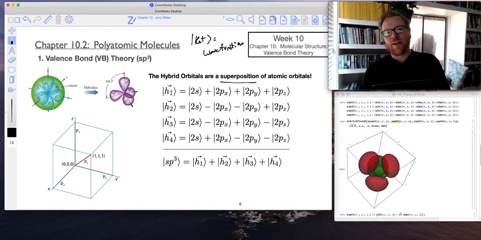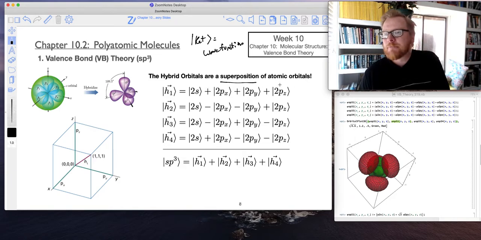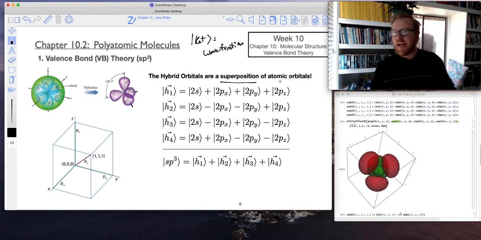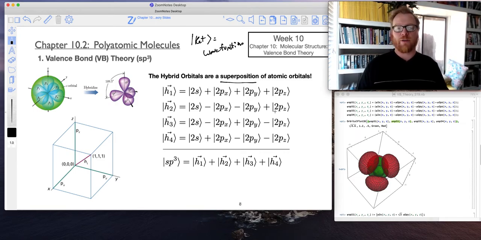So for example, the H1 wave function is itself a superposition of 2s, 2px, 2py, and 2pz. Remember, each one of these would be the full wave function. And later on, I'm going to show you how we dissect all these wave functions, okay?